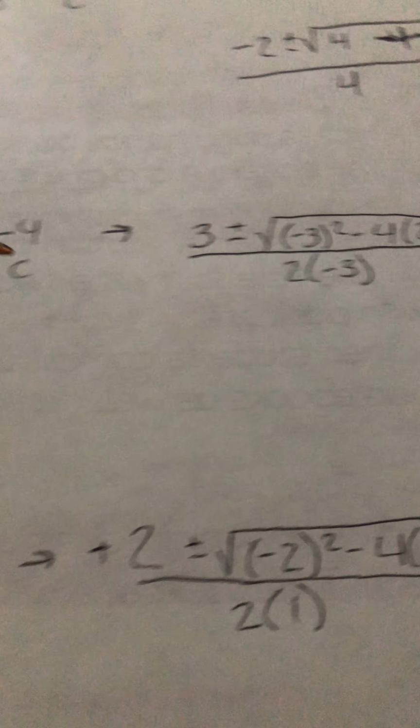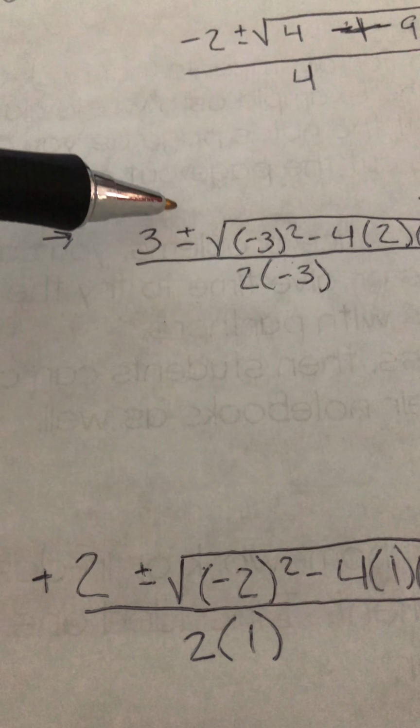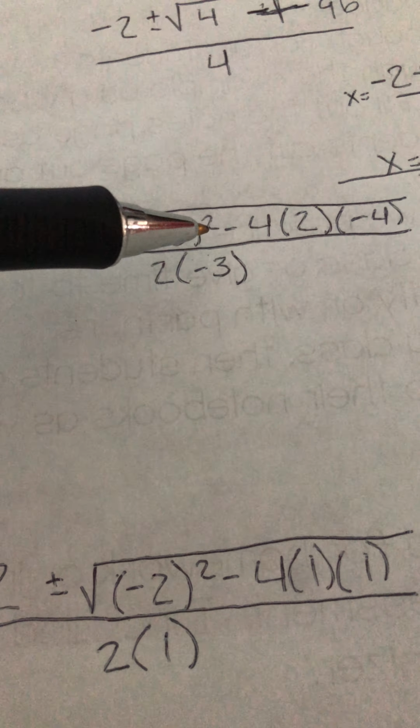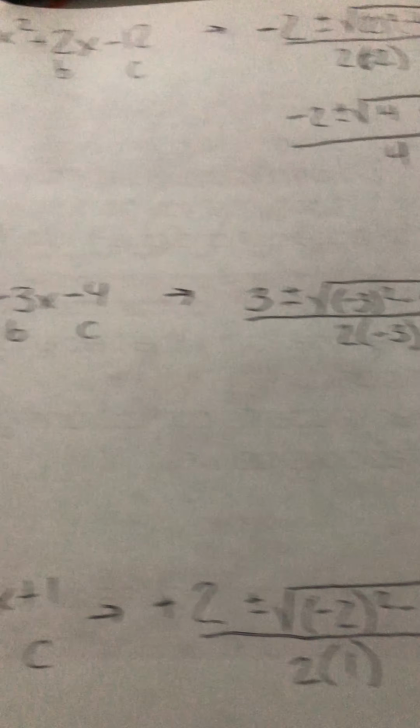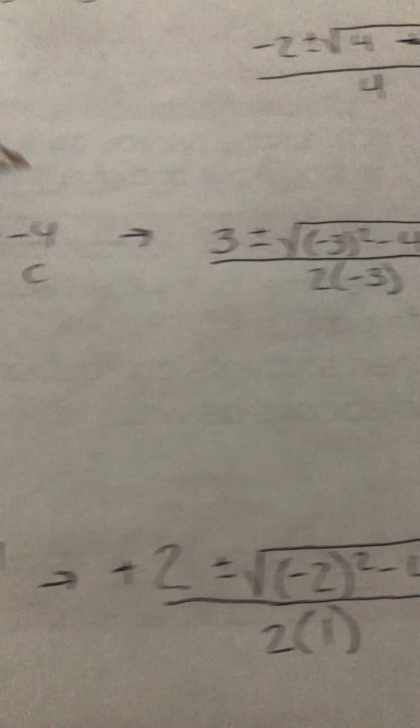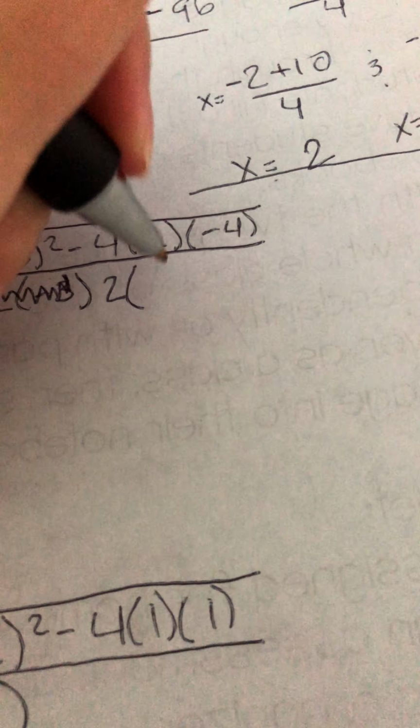The opposite of b, the opposite of negative 3, plus or minus the square root of b squared, negative 3 squared, minus 4 times a is 2, times c is negative 4, over 2 times your a value, which I actually messed up. This should be 2 times my a value is 2.